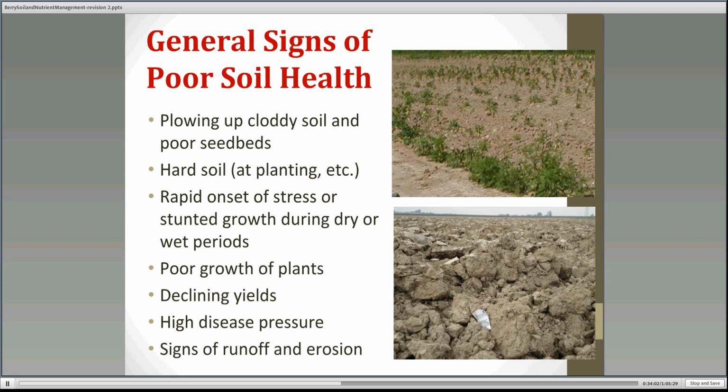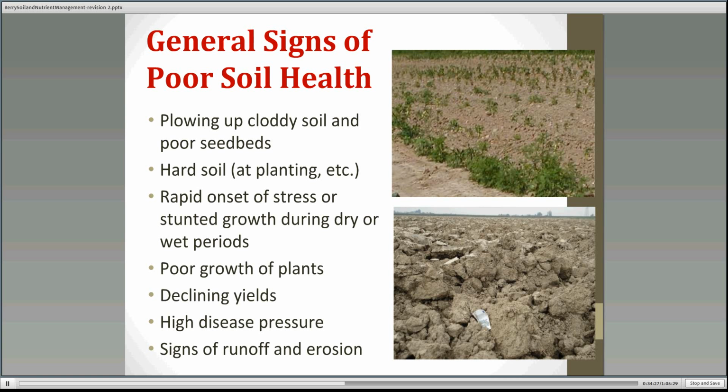There could be rapid onset of stress or stunted growth during dry or wet periods. That's a sign of unhealthy and poor soil. And it can also have poor growth. The vigor on the plants is just not great at all. You might see in poor soil declining yields. That actually is one of the biggest tip-offs to growers that there's something happening.